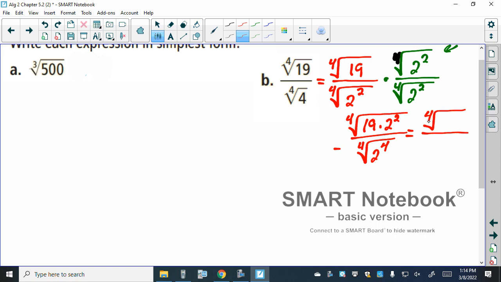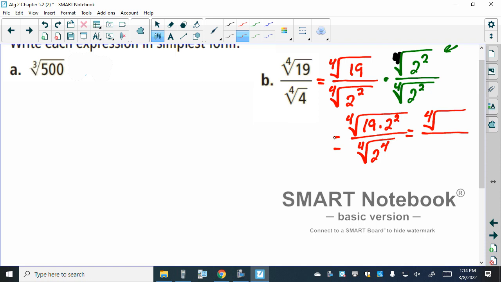Or really, in the calculator, we can't really type in the 4th root of 19 times 2 squared, because either calculator, the yellow or the graphing calculator, will actually turn it into a decimal. It's going to want to take the 4th root. But what we could do is take 19 times 2 squared in the calculator.